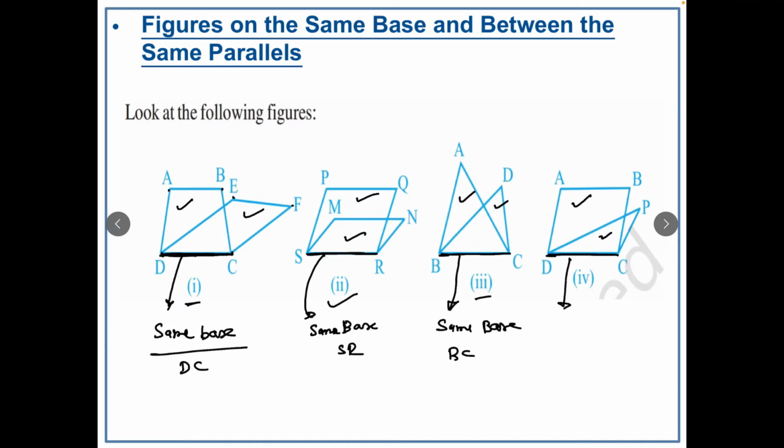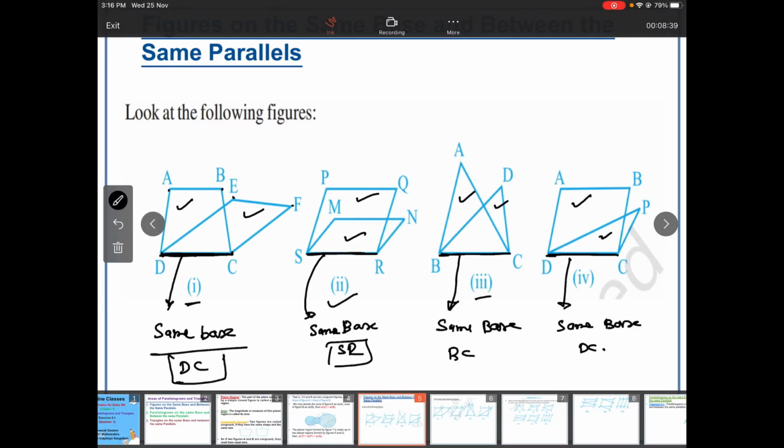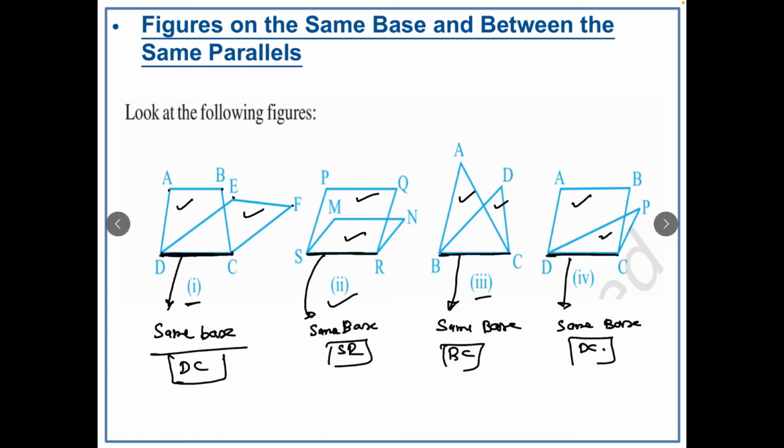So the common base, or you can write same base, here is DC. Okay, so if you look at the figures, you will find that each pair of figures is sharing a common edge or a common side. And that side is called the same base for each figure.